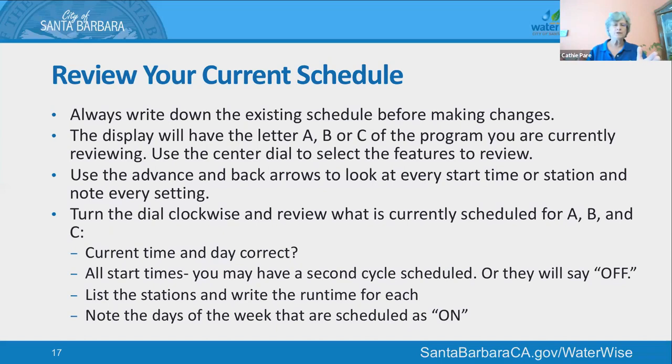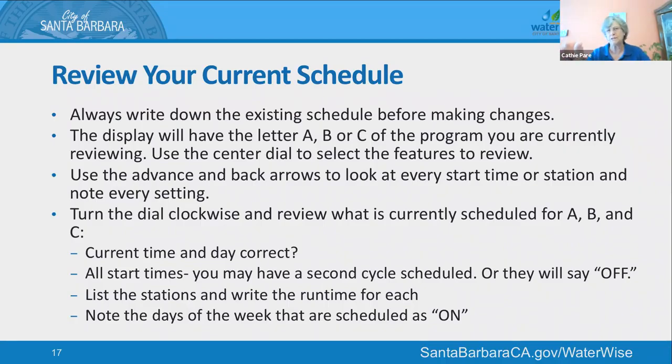Using your irrigation schedule, it'll say station 1, and you write down the amount of minutes that's scheduled to run. Look at every single station. Even if you think you only have 4 stations, but the clock can go to 6, go through every single one and make sure that even those that don't have a valve connected say off or 0 minutes. Then go to the upper right-hand side of most all the controllers.